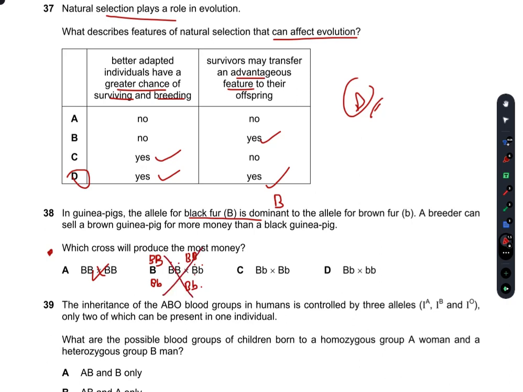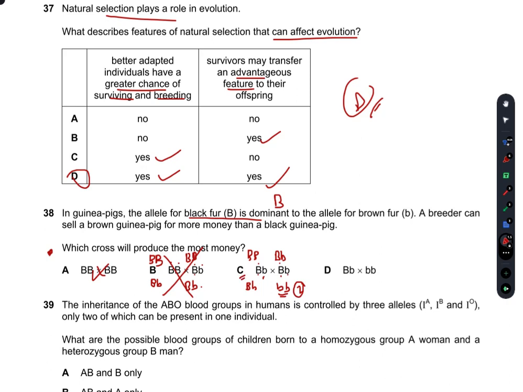So B is incorrect. Now C: this is black, this is black, this is again black, and two small b's means a brown. So one brown is being produced in C.